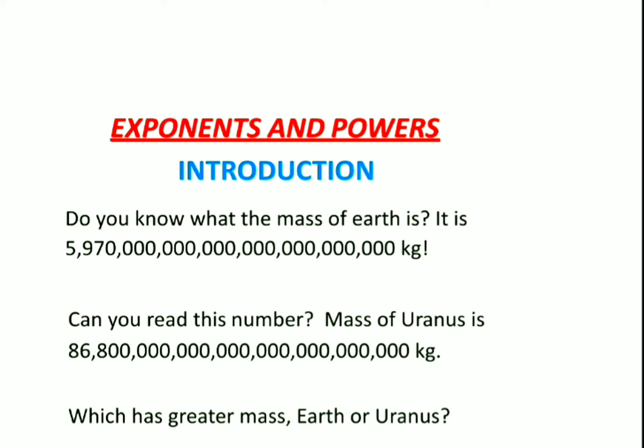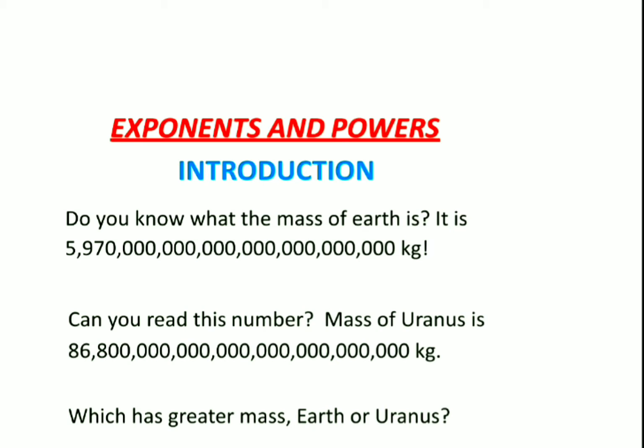Students, you will see some facts written on the screen, such as the mass of Earth. A very big number is written on the screen in kilograms. It is difficult to read, and you will also see the mass of Uranus.